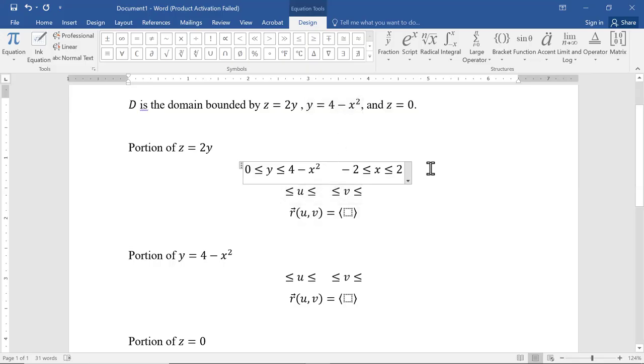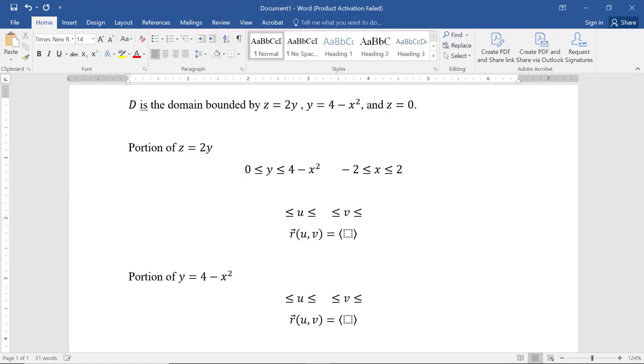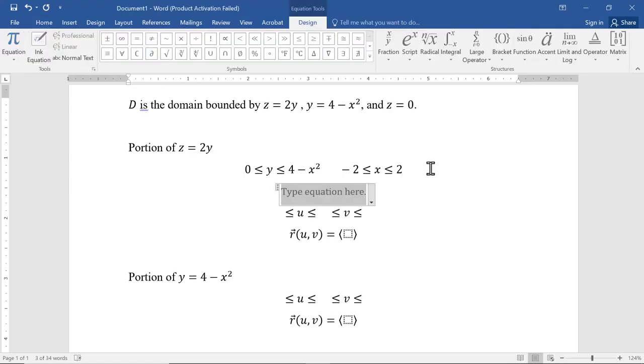All right, so when we see that, it's pretty obvious what we're going to do. We're going to do something like we did at the very beginning. We're going to let x equals u, and we're going to let y equals, well, the lower part is 0. The upper part is 4 minus x squared.